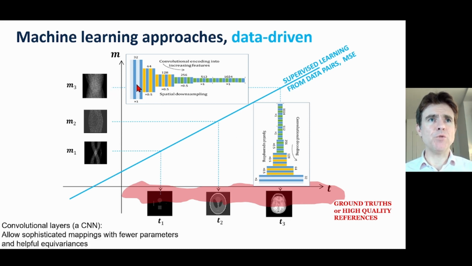And here then we have examples of what really are convolutional neural networks, or CNNs, where we use these convolutional layers stacked in order to provide a mapping, a transformation from one domain to another domain. And the key here is that we can get away with far fewer parameters with these convolutional mappings compared to what the actual linear mapping would be to go from one domain to the other.